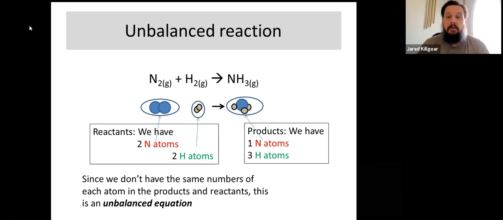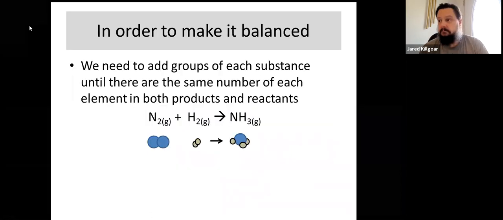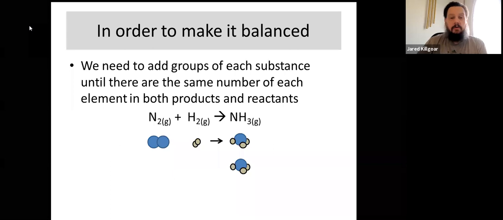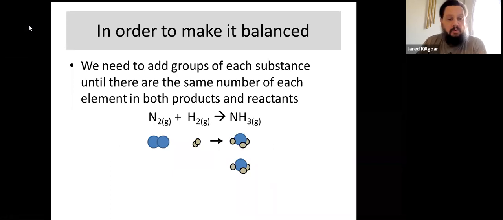So let's talk about balancing an equation. In order to make an equation balanced, we have to add groups of the substances until we have exactly the same number of every element on both sides of the equation. You notice that we have 2 N's on the left, and to get 2 N's on the right, I can't just add N because that's not in the reaction.